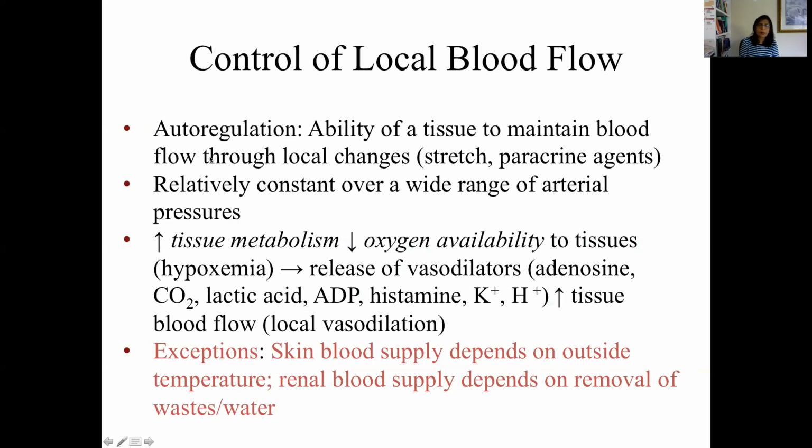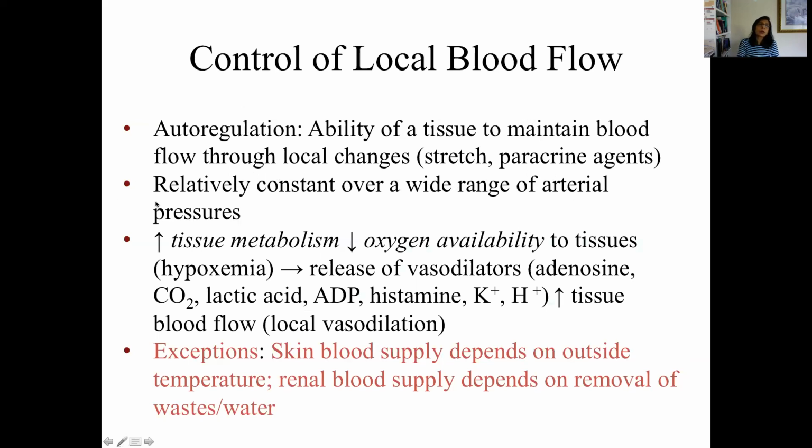Autoregulation, because the blood vessels near the tissue are asked to do certain things, basically vasodilation to increase blood supply. So, the ability of a tissue to maintain blood flow through local changes. If there is a stretch, or if there are paracrine agents released, that could affect the local blood flow.